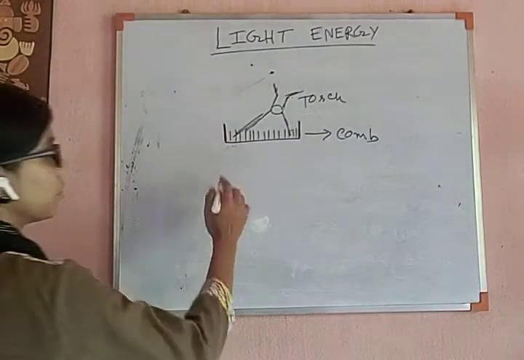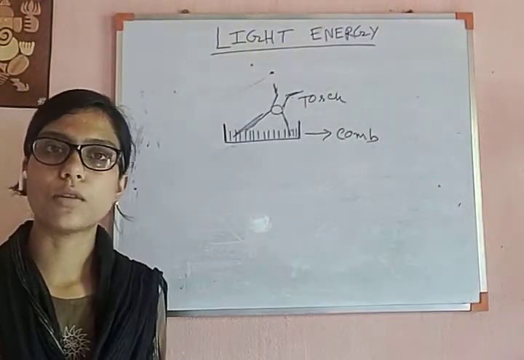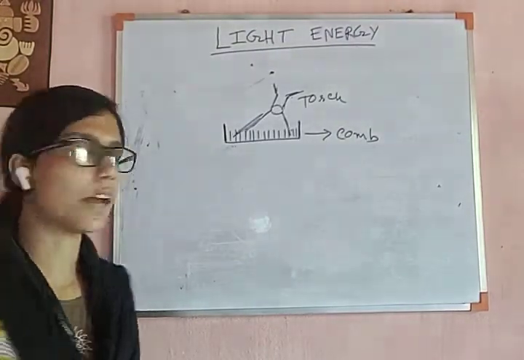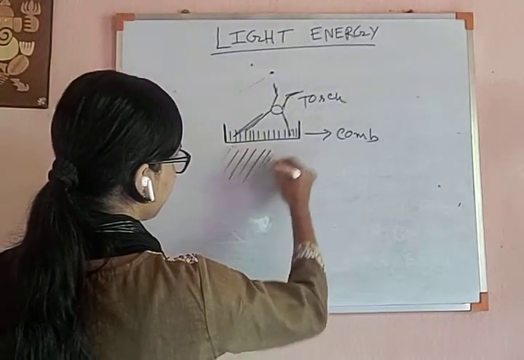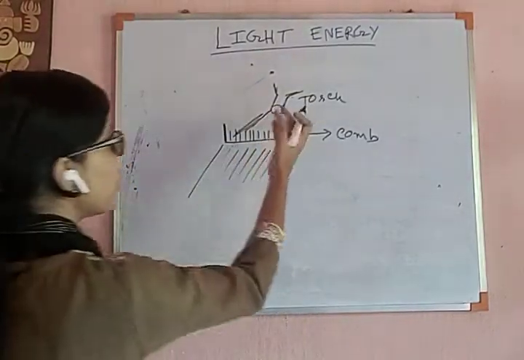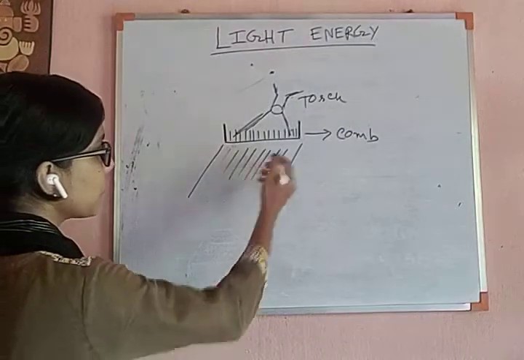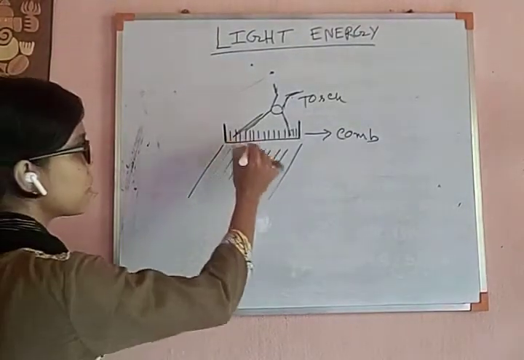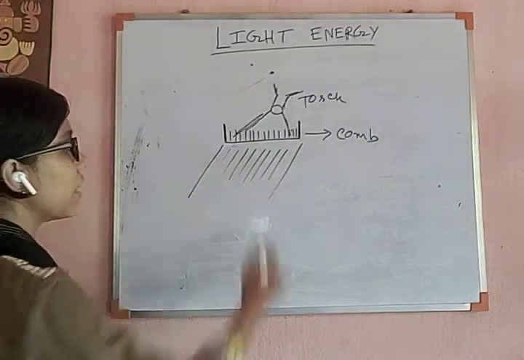This is a comb, and you know that a comb is an opaque object, and an opaque object means light will produce shadows. When we hold a torch behind this comb, it produces shadows of these lines like this.